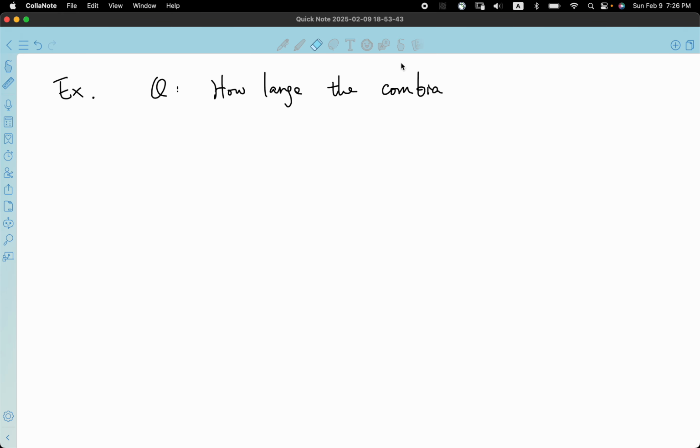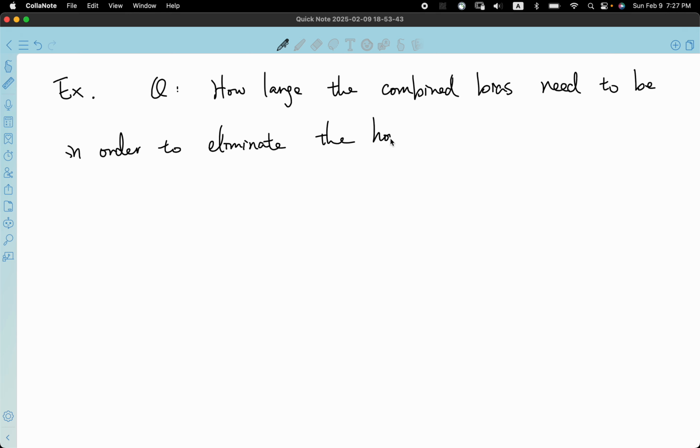Now let's ask another question: how large does the combined bias need to be in order to eliminate the house advantage?